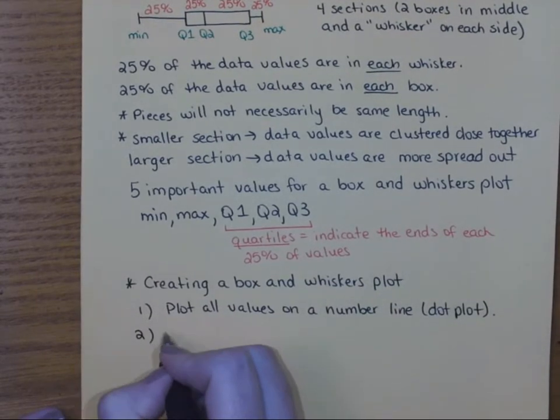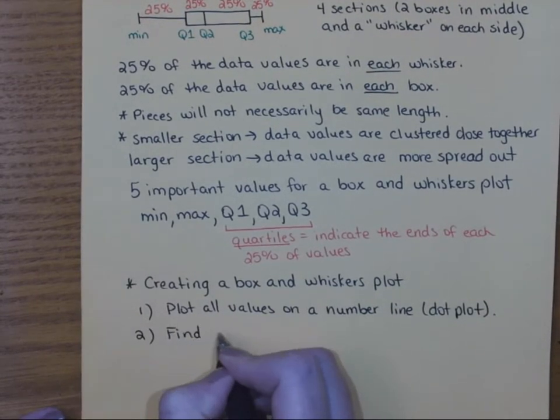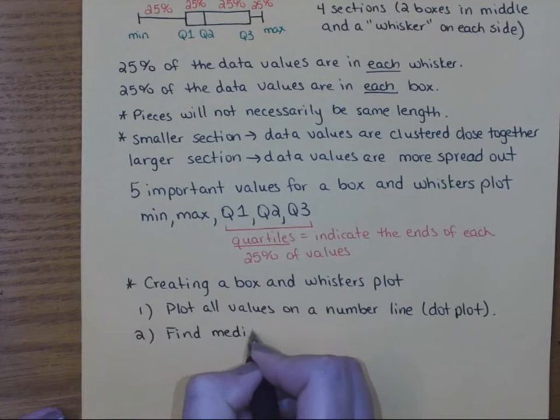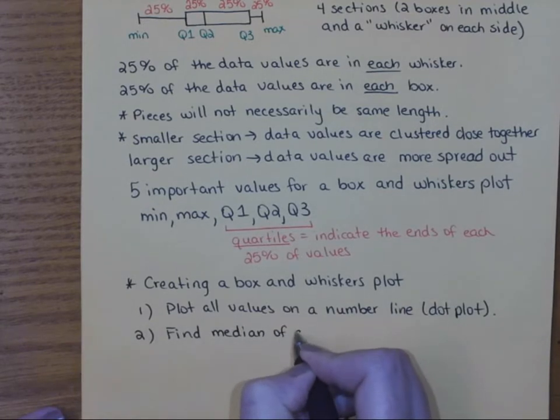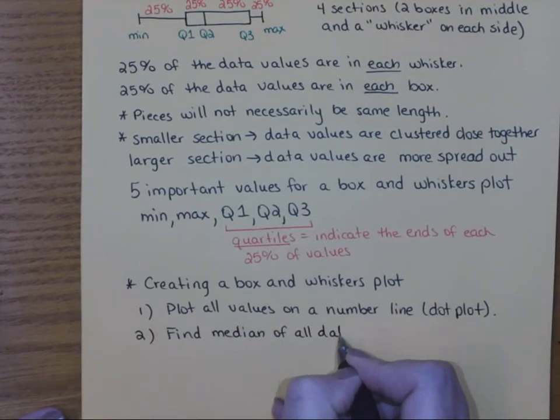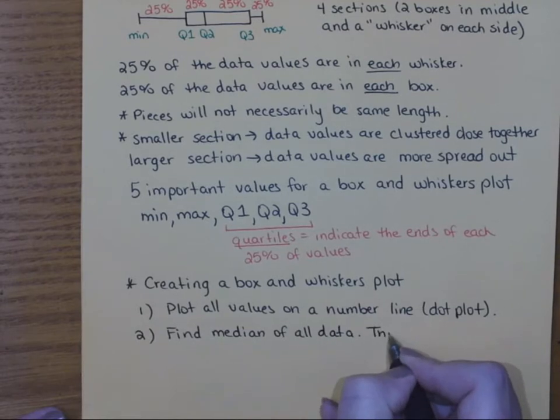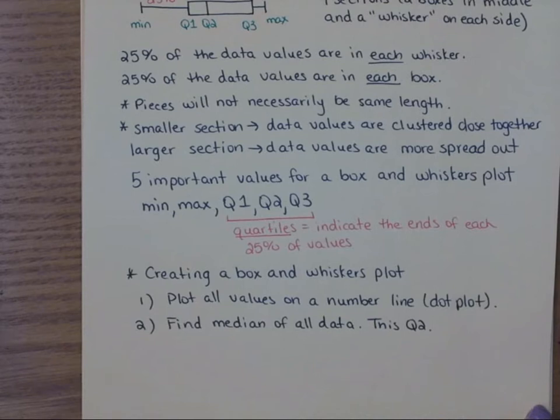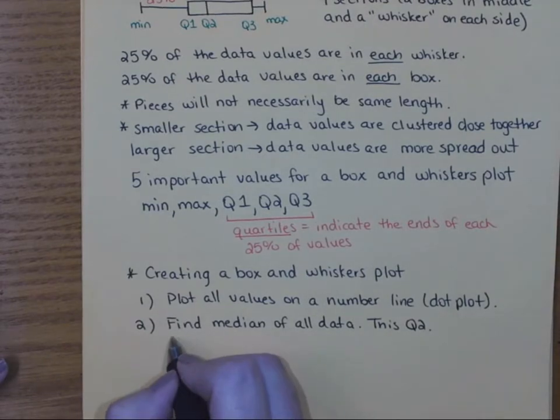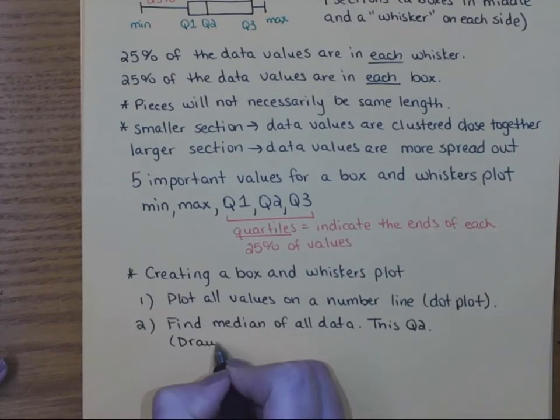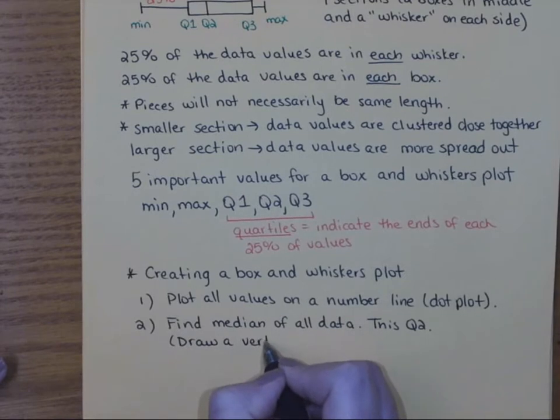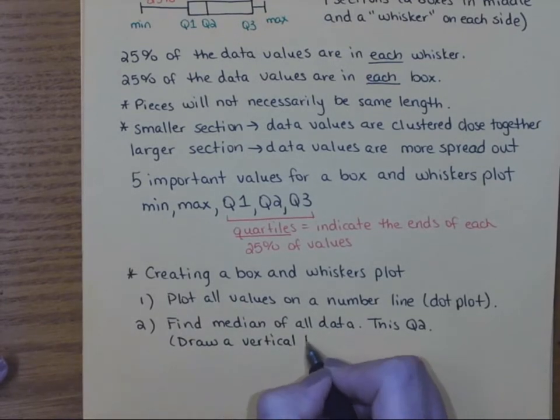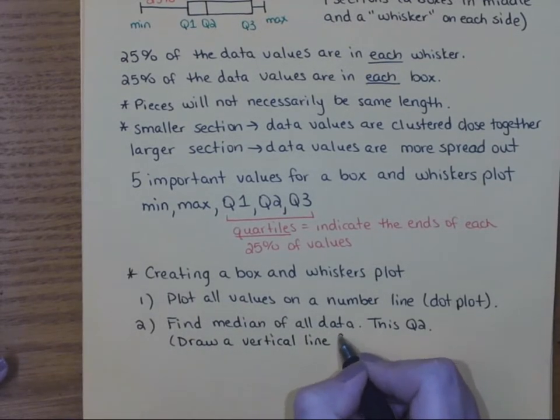Step number 2 is you're going to find the median of all the data, and this will be your Q2. We find the middle one first, and then you're going to draw a vertical line for the boxes here. Remember, Q2 is going to be the middle line between both the middle boxes.